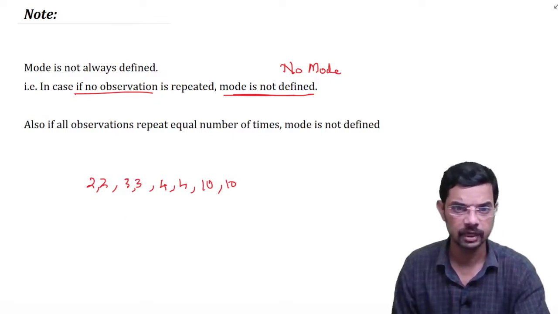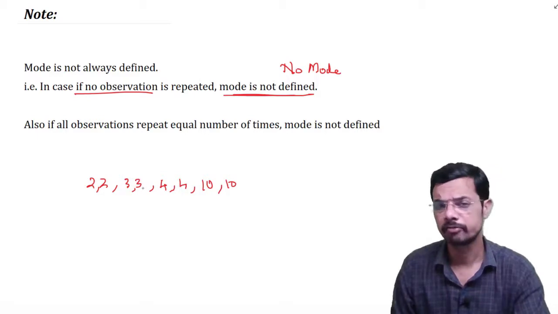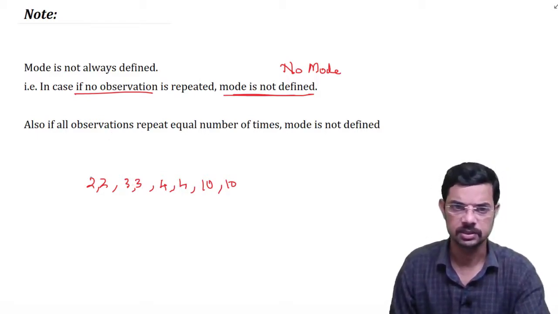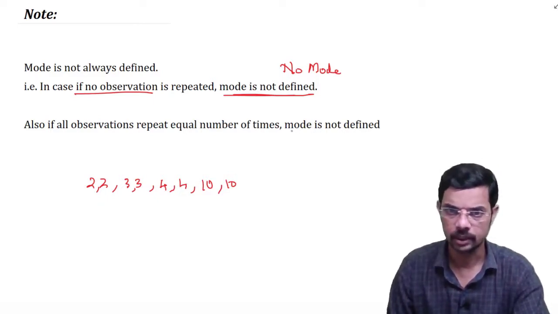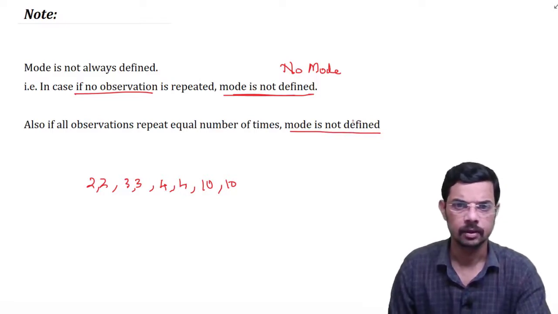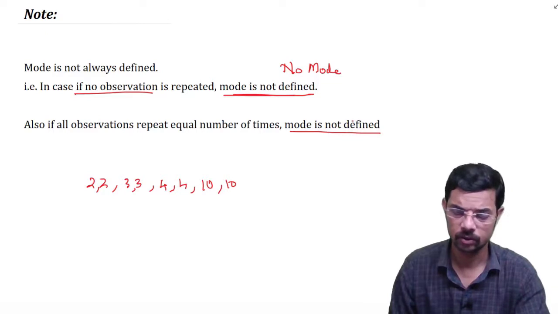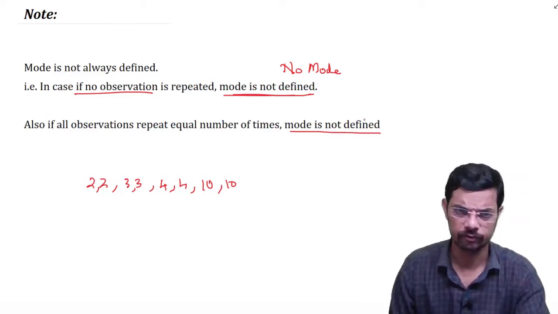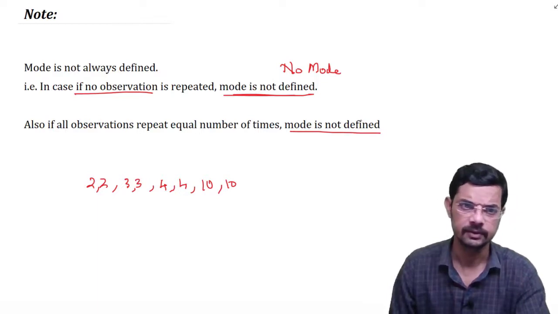All the values occur an equal number of times. Therefore this set of observations has no mode. Again, mode is not defined. If the observations do not repeat, or if all the observations repeat an equal number of times, then we say that there is no mode.